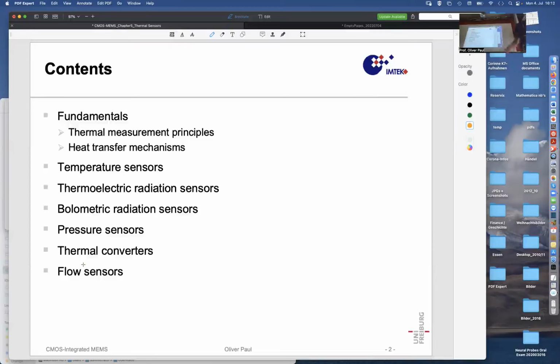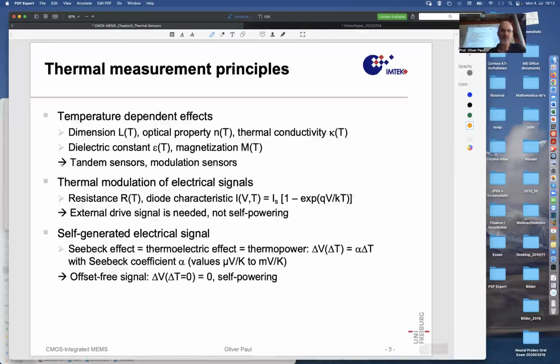In order to start with these devices, I would like to start with some fundamentals, recalling some physics or engineering concepts that you may know, and that will set the scene for the detailed developments of the individual sensor types.